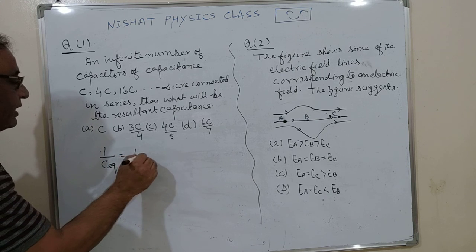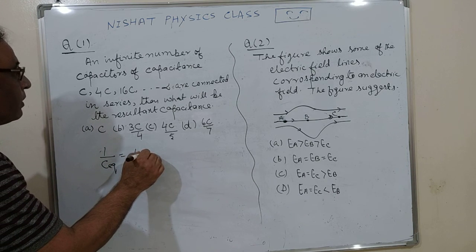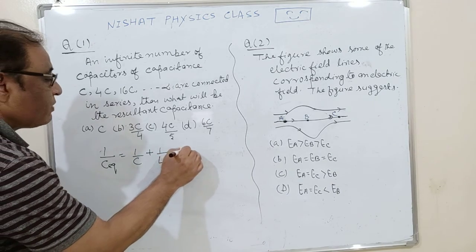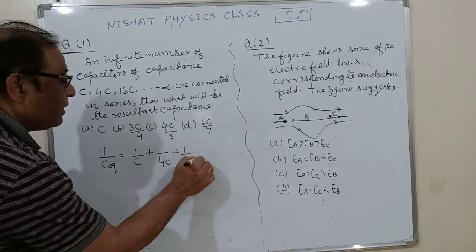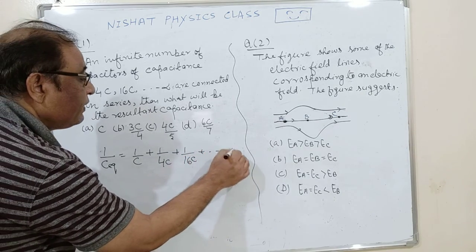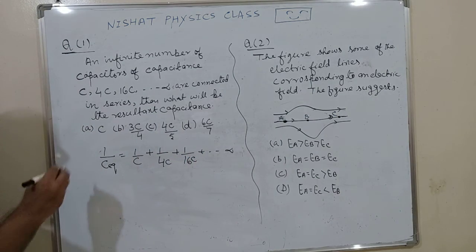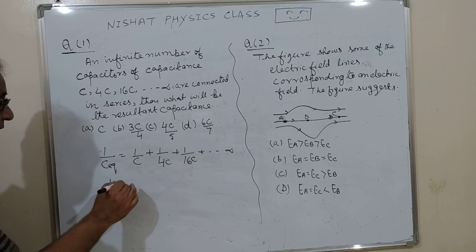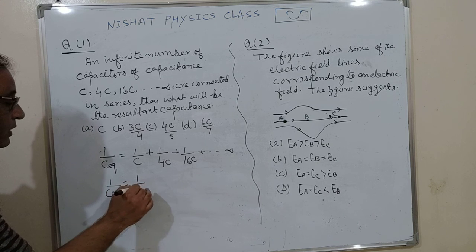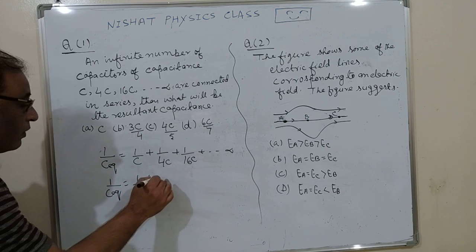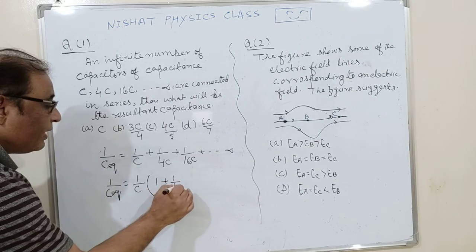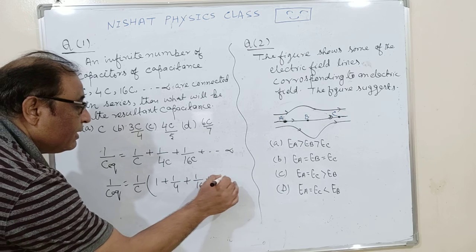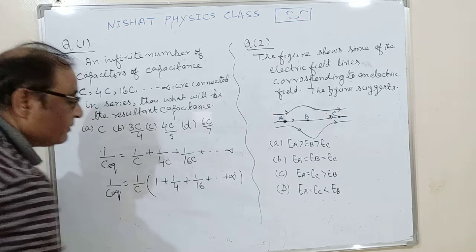So this is 1 by C plus 1 by 4C plus 1 by 16C and so on up to infinity. Now taking 1 upon C common, what do we get here? 1 plus 1 by 4 plus 1 by 16 and so on till infinity.